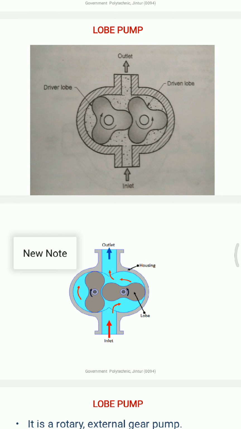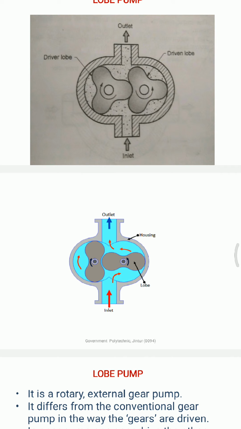Next one is the lobe pump. In a lobe pump, here you can see the driver lobe and driven lobe. Again this is rotating in opposite directions. One is in the clockwise, another one is in the anti-clockwise direction. These are constantly in mesh with each other. The upper diagram shows three lobes and the lower diagram shows two lobes.